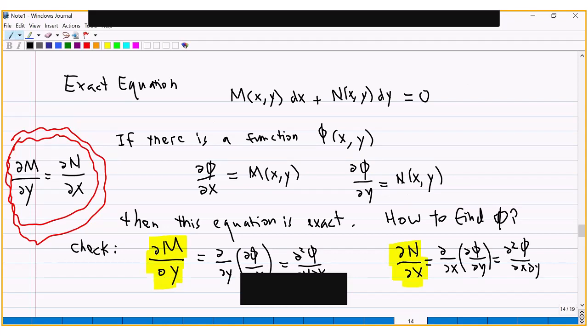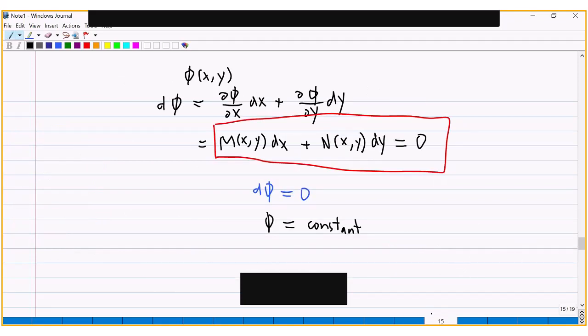Then you check, differentiate m with respect to y, and differentiate n with respect to x, are they equal or not? If they are equal, then you have an exact equation. And the solution is using the total differential. So this being equal to 0 means the total differential is equal to 0. That means that this is a constant function.